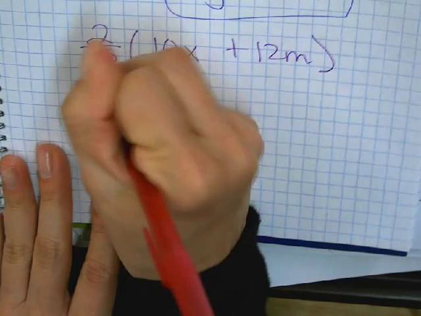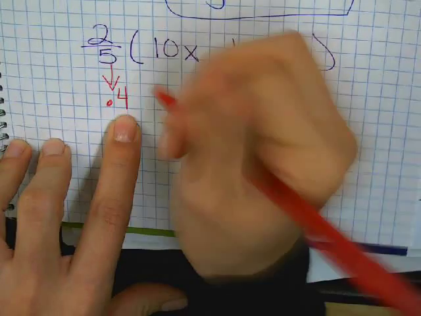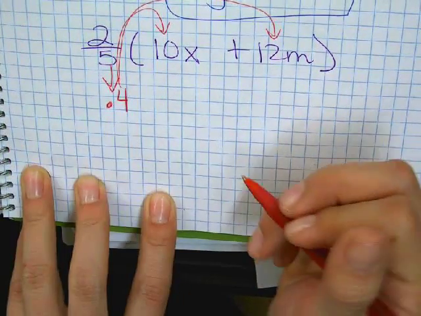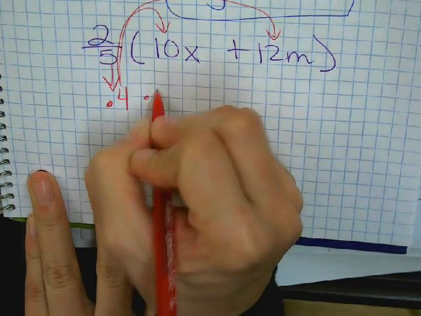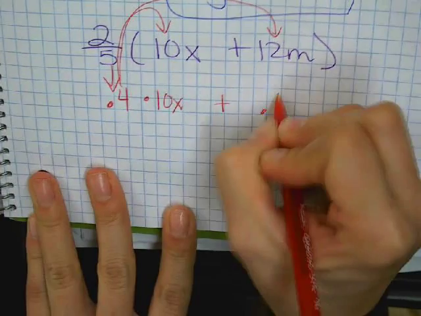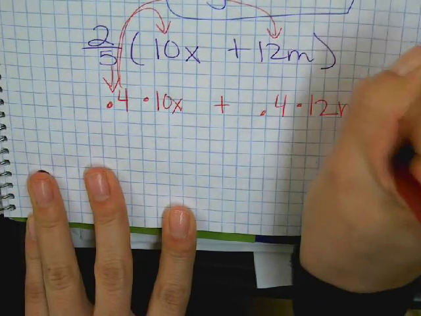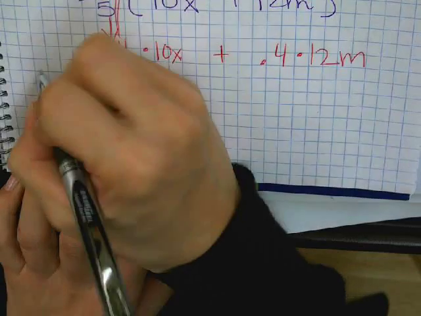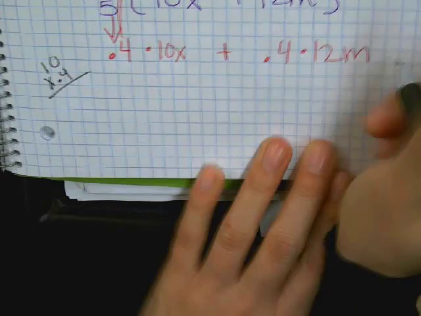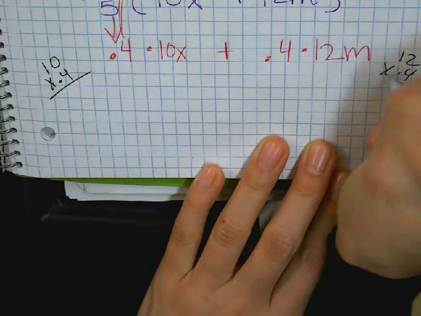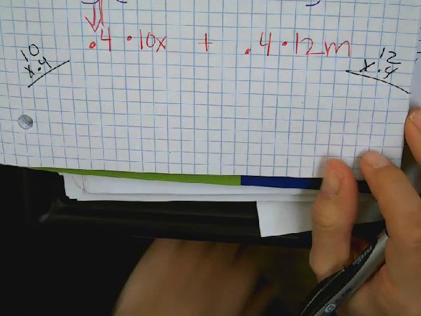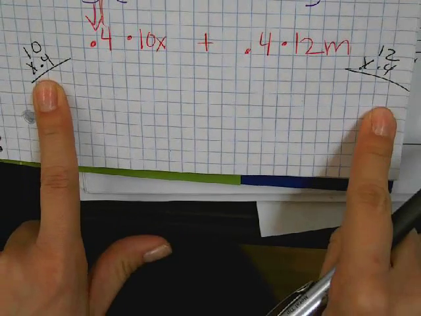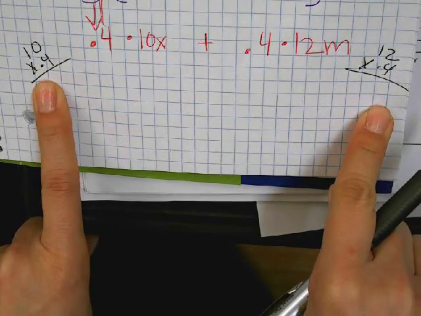So this turns into 0.4. So I'm going to distribute 0.4 to the 10x, the 0.4 to the 12m. You're writing this down. 0.4 times 10x plus 0.4 times 12m. So you go to the side and you multiply. What's 10 times 0.4? What's 12 times 0.4? You have 2 problems to do on the side, showing your work.